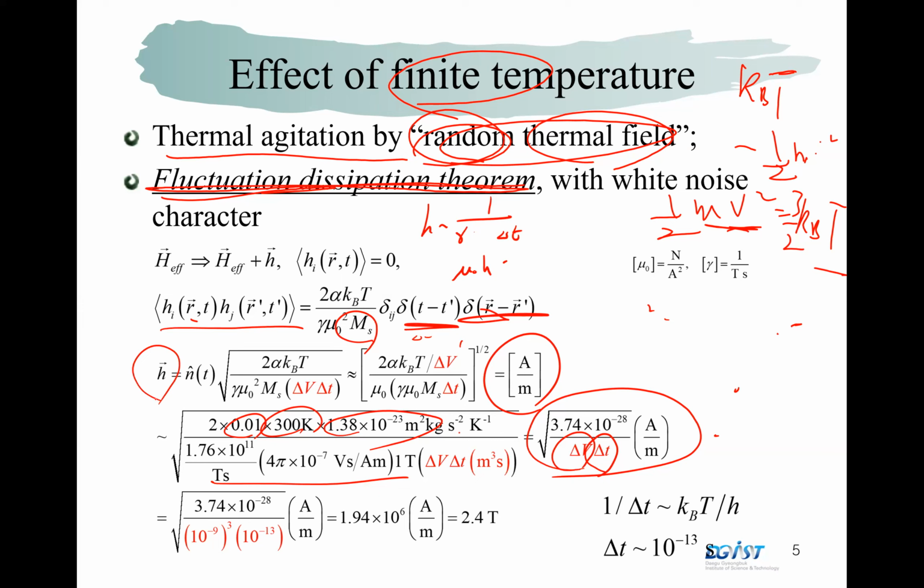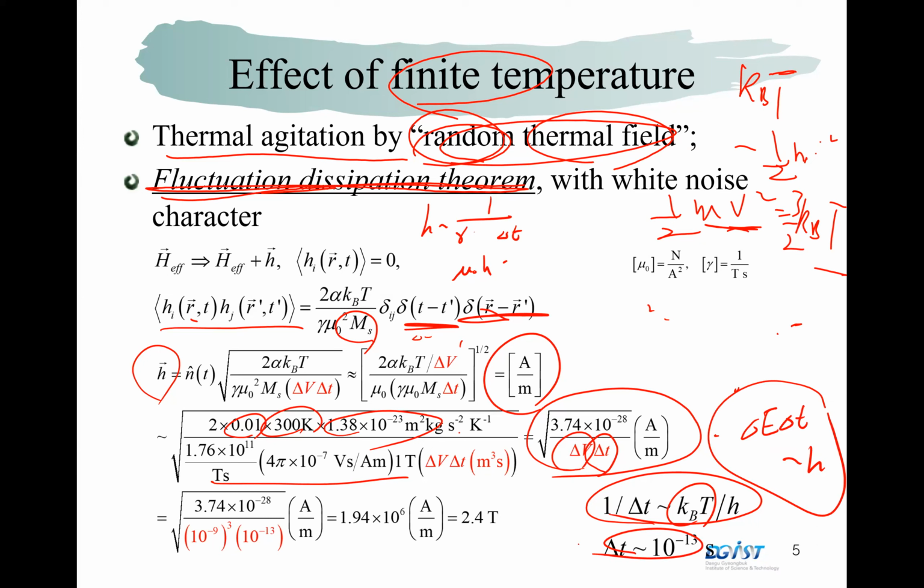But in real life, delta T and delta V cannot go to 0 because of the uncertainty principle. For example, delta T must have this relation because of the uncertainty principle. Delta E, delta T has such a relation from the uncertainty principle. So delta T is 10 to the minus 13 something. Okay, so this is 0.1 picosecond, right?